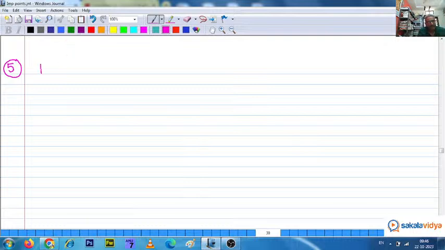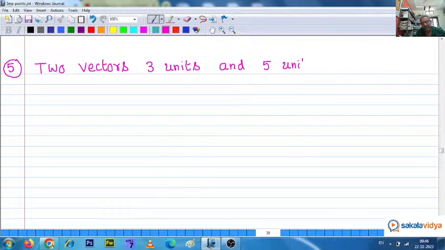Two vectors, 3 units and 5 units, act at 60 degrees with each other.